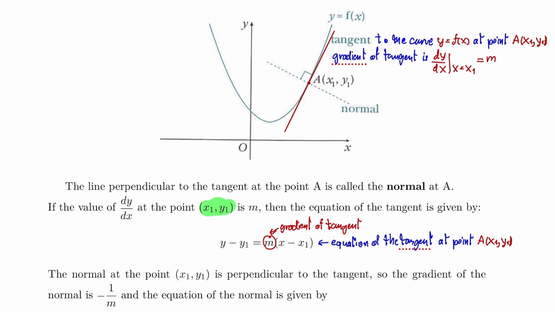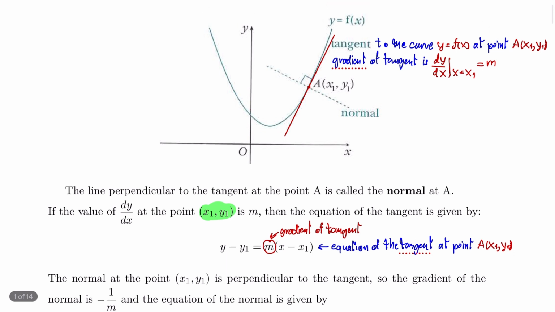Now, once we have the equation of the tangent, we need to find the equation of the normal. The normal at point A is perpendicular to the tangent at the same point A. So the full name of this normal is the normal to the curve y equals f(x) at point (x1, y1).